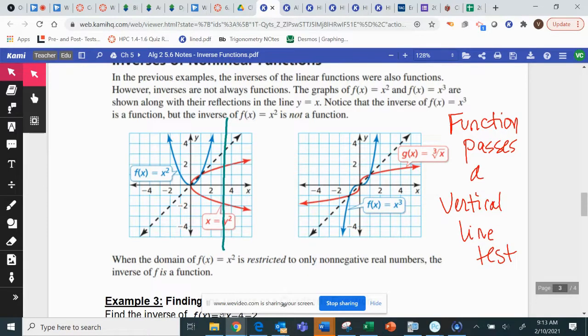Then say 2. This red graph is not a function because it fails this vertical line test. Over here, the red graph passes the vertical line test. If I go side to side, the blue graph also passes the vertical line test. But the red graph fails the vertical line test.